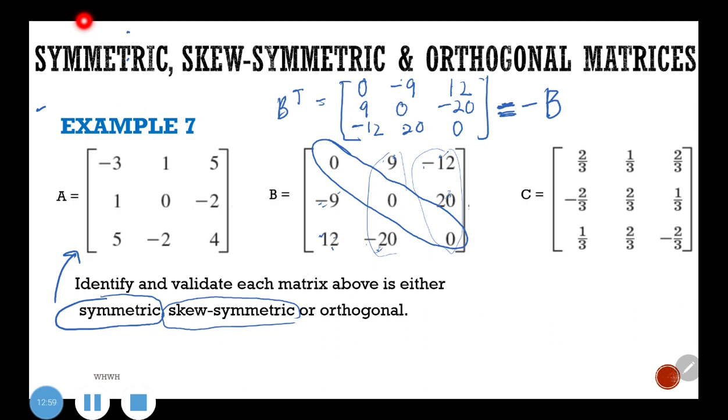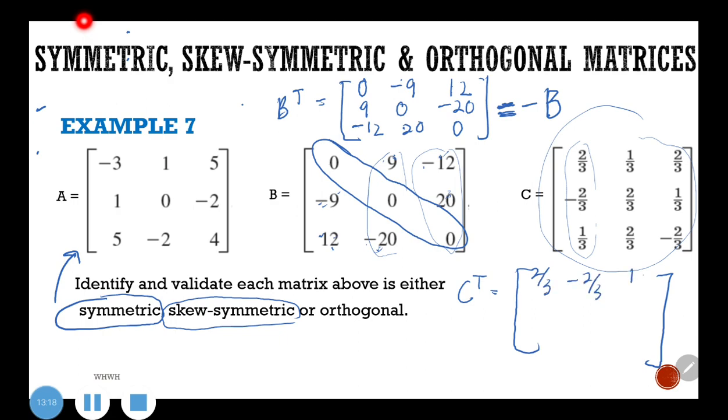Okay, what about matrix C? Nak check ni, kita boleh try cari its transpose and see how does it relate with matrix C. So yang ni 2/3, negatif 2/3, 1/3, saya jadikan first row. And then 1/3, 2/3, 2/3, saya jadikan the second row.